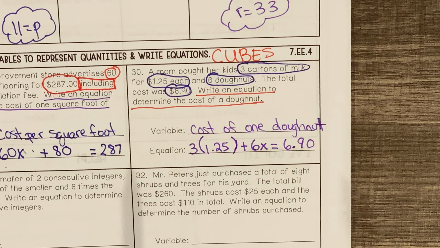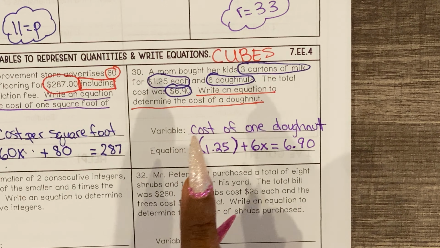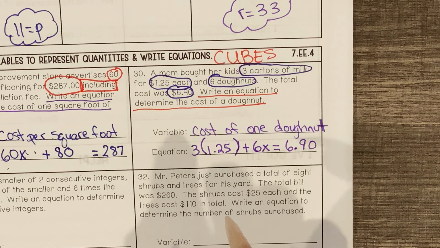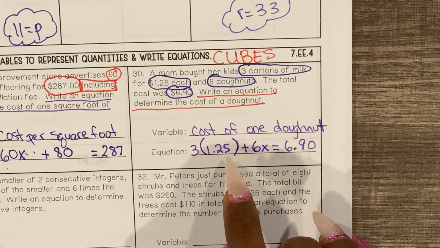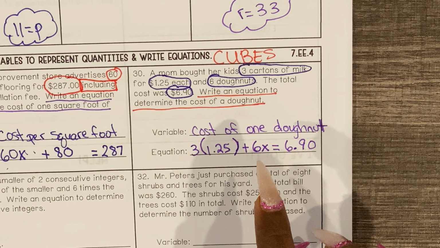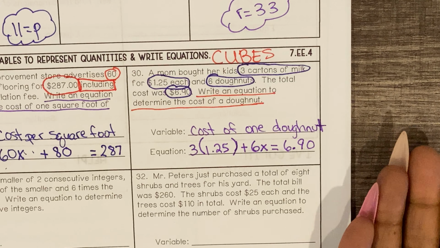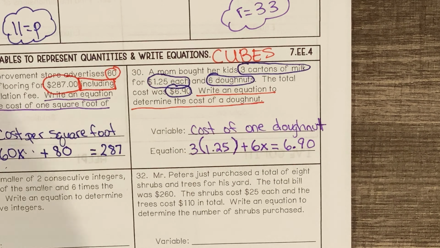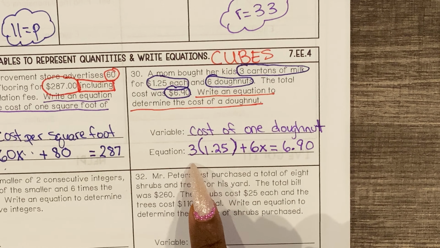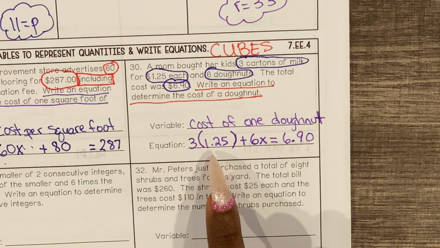So that is how you do any real world problem that has something that everybody in the problem had, or more than one person had. So if she had 5 children and each one of them had milk and donuts, then I would have 5 here, because 5 kids had a carton of milk.